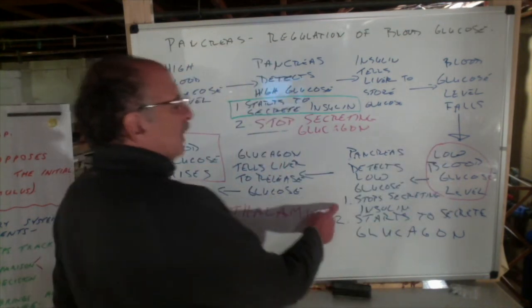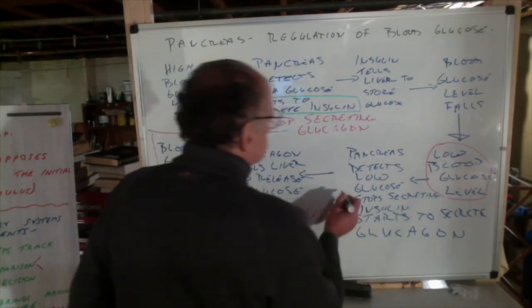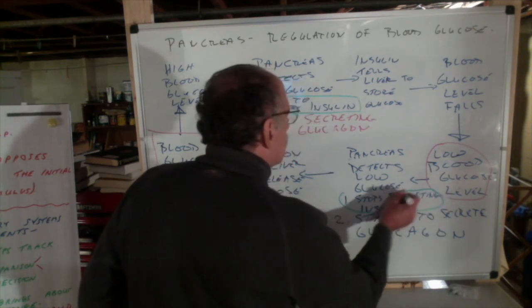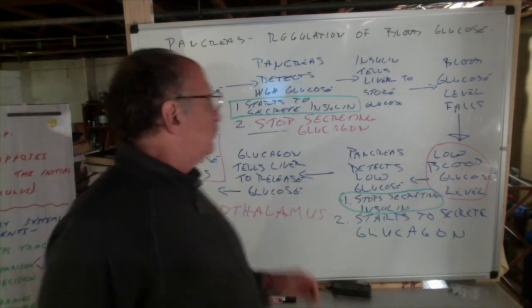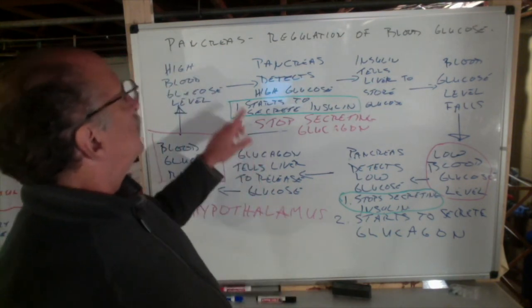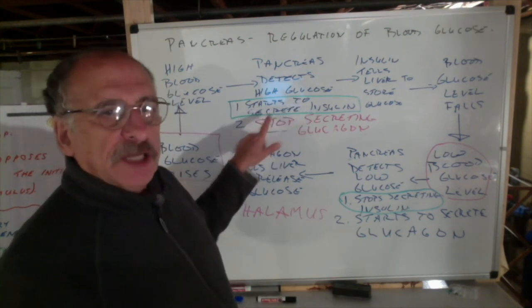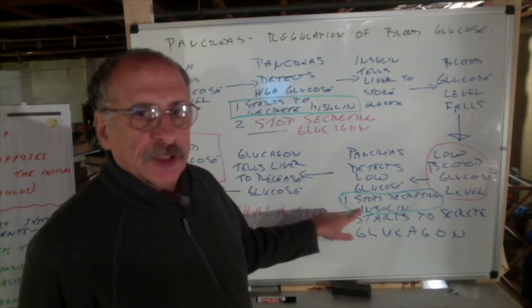Here it says stop secreting insulin. So that is in the same terms as the initial condition. We started to secrete insulin, so the terms relate to the secretion of insulin. And here we stop secreting the insulin.